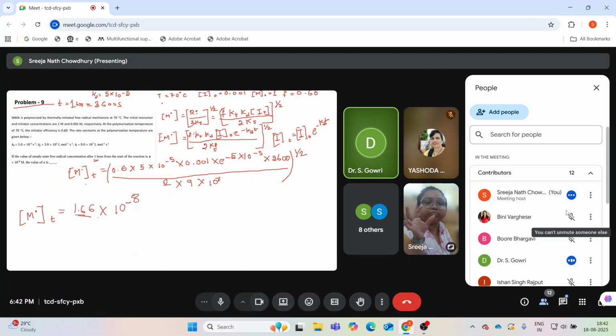I have a query. By the sentence average number of initiator fragments per molecule, suppose the reaction is initiated by hydrogen peroxide. H2O2 will disintegrate into two OH dot.